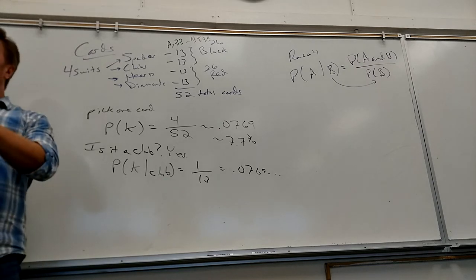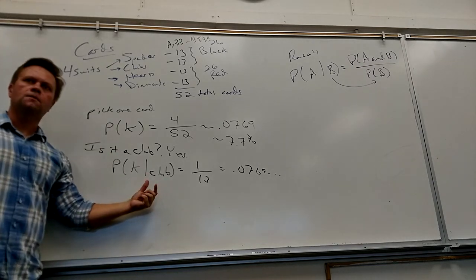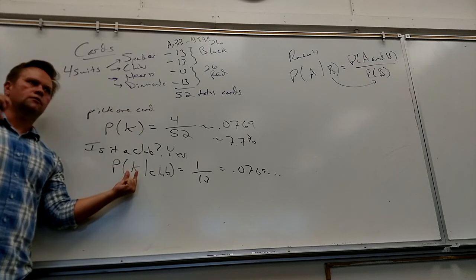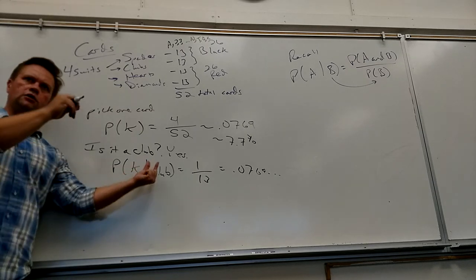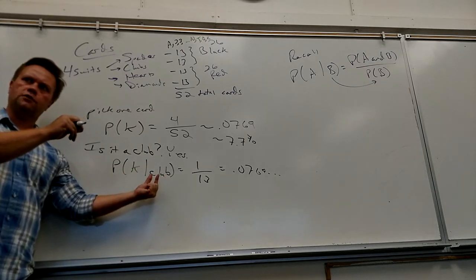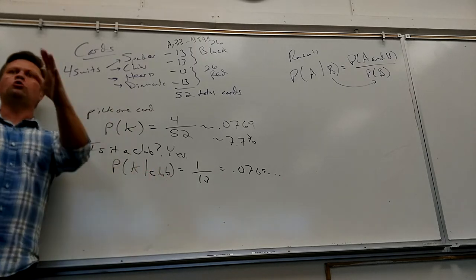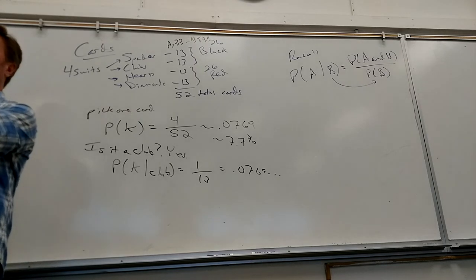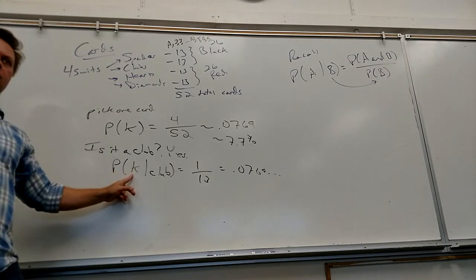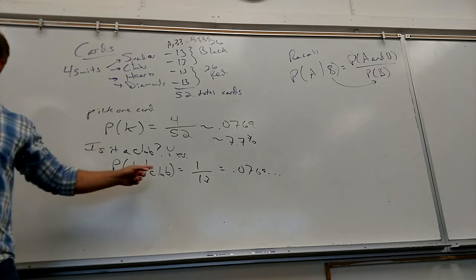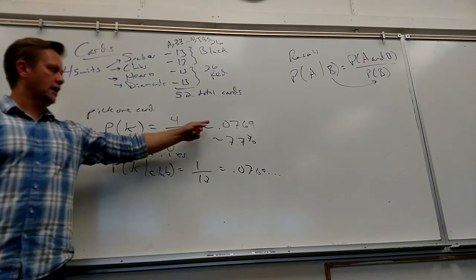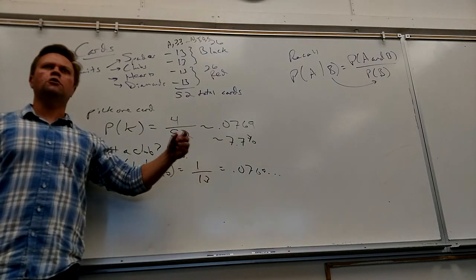So what's a better question again? Would you say that king and club, those two events, are they dependent on each other? I told you that it's a club that I picked. Did the probability that it's a king care about that? No, it stayed exactly the same. So what do you think we should call that?